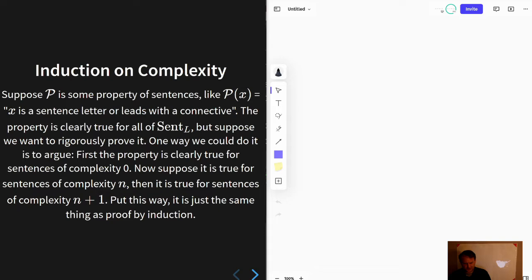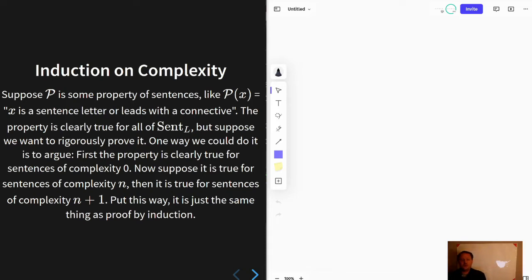That's just to give something concrete, so you see the kind of thing that we're calling a property. In this particular example, it's clear that every sentence has this property, but we'd maybe like to prove that rigorously.